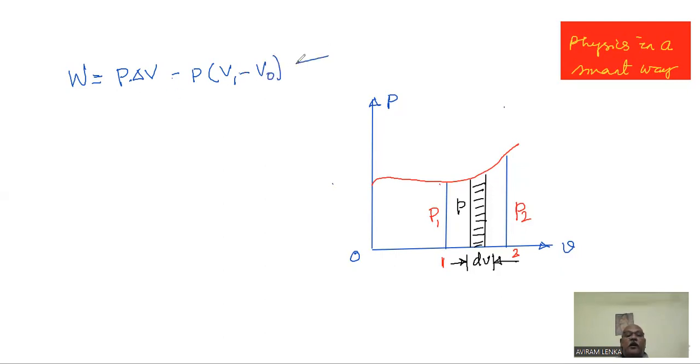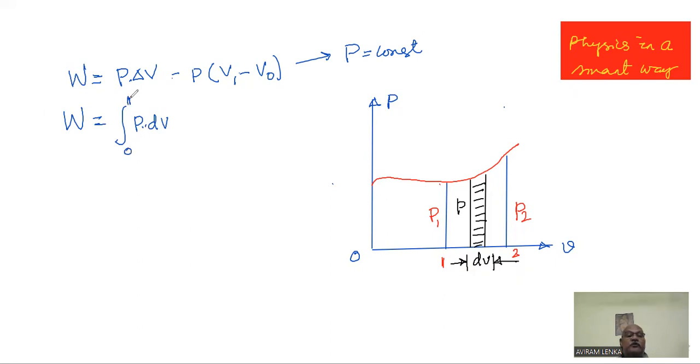But this formula is valid only if the pressure is constant throughout the process. If the pressure is variable, then work equals the integration of PdV. We have to go for a very small amount of work: the pressure at a particular point, a small change in volume, and a small amount of work.